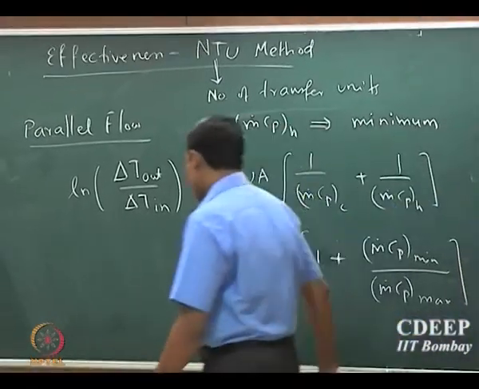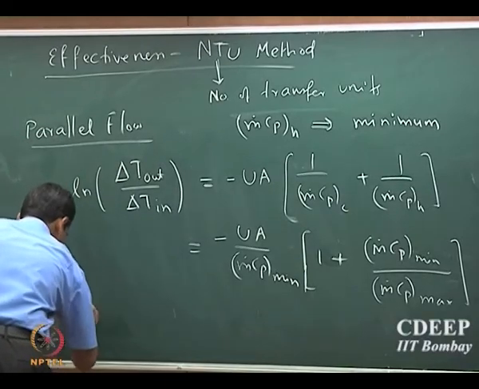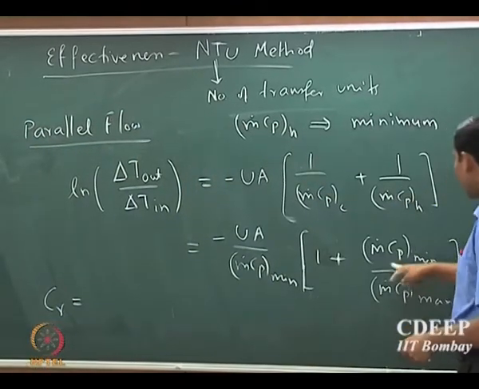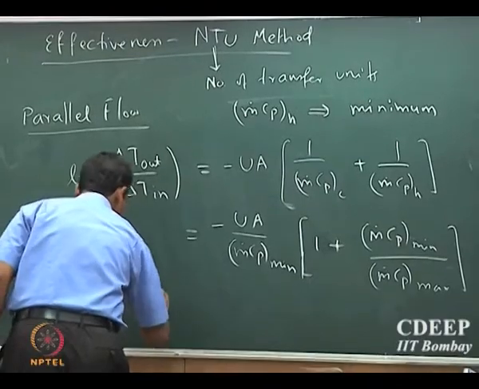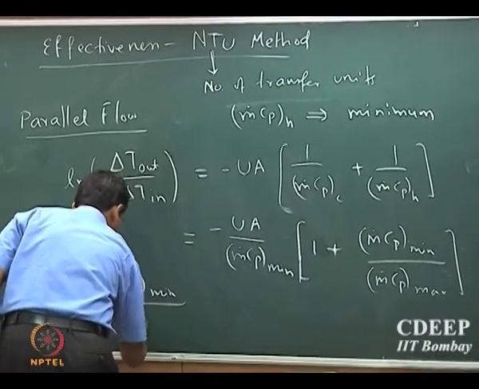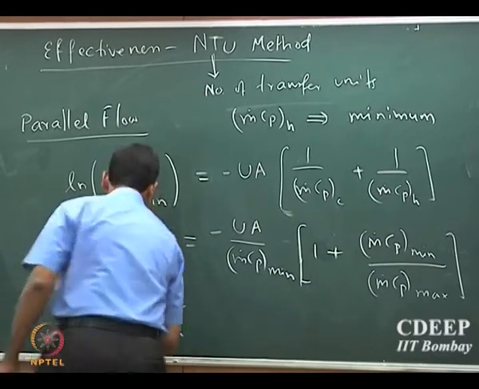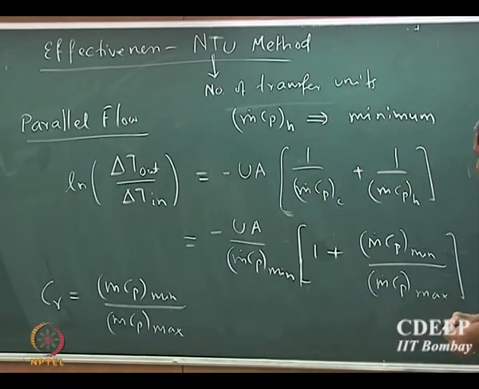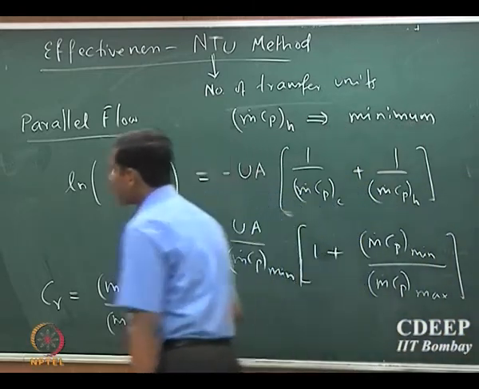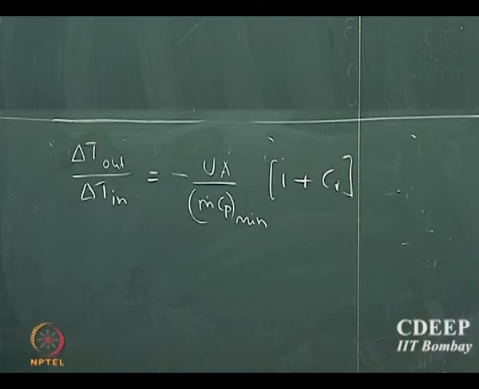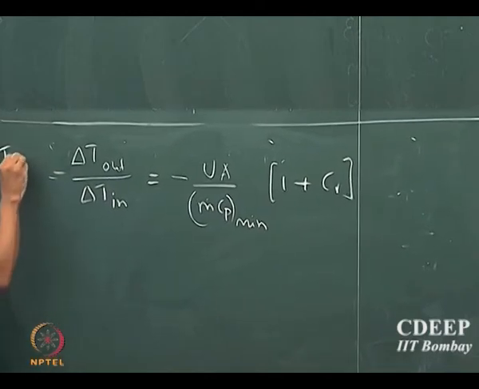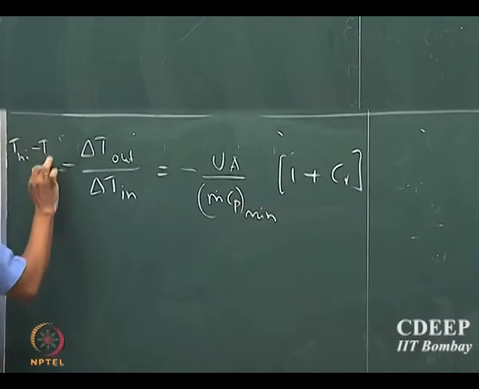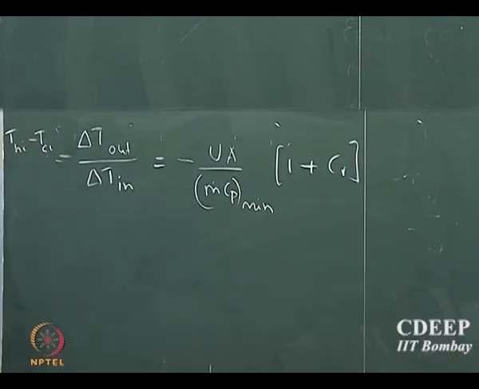If I define Cr as the ratio of the capacities, m dot Cp min divided by m dot Cp max, I can plug this in here. So, what I will get is delta T equal to minus UA divided by m dot Cp min into 1 plus Cr. Now, this is Thi minus Tci, oops, exponential.